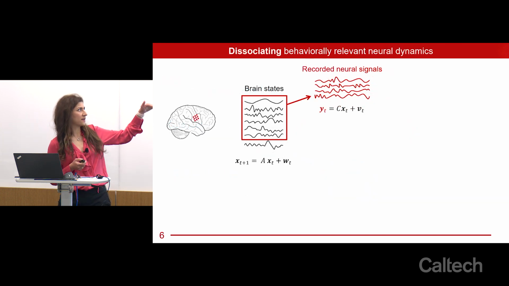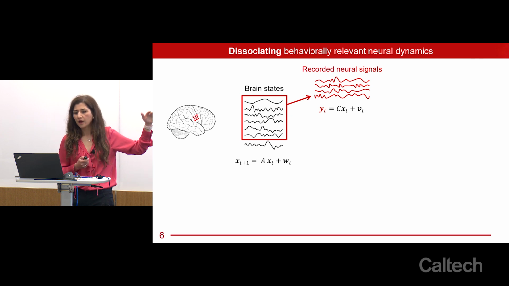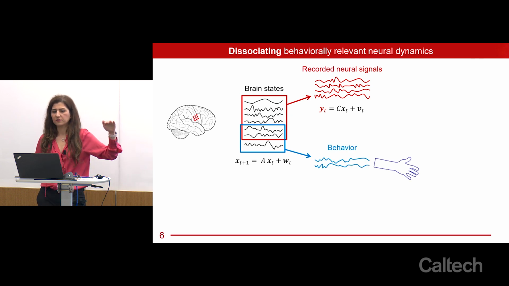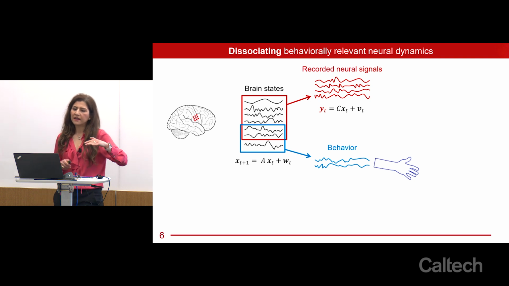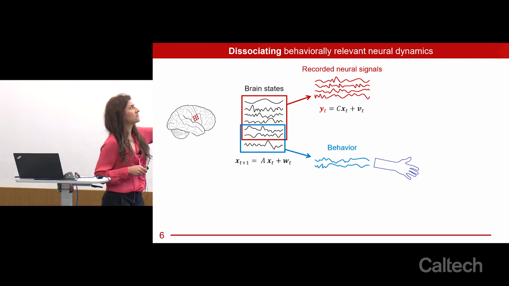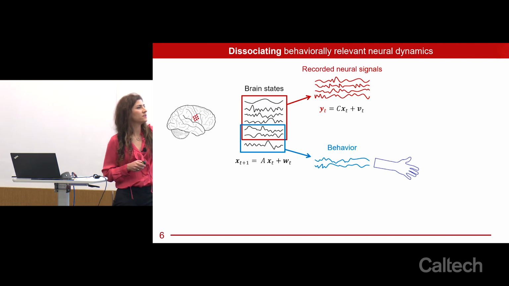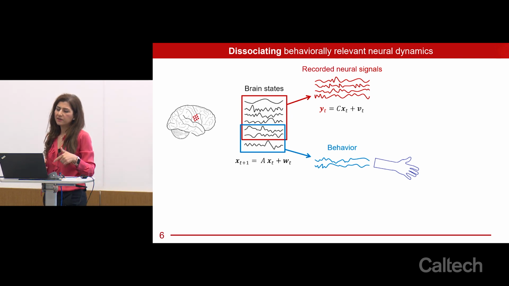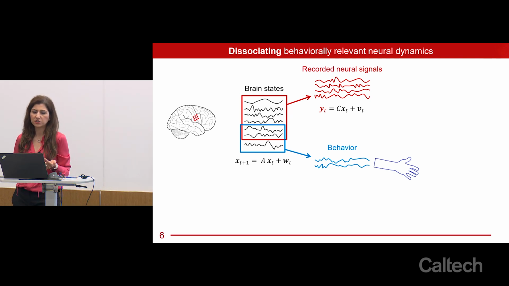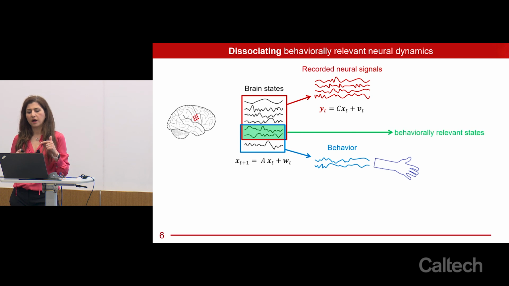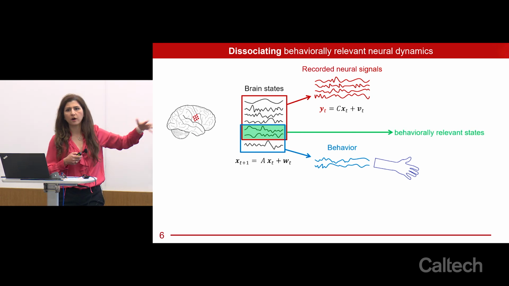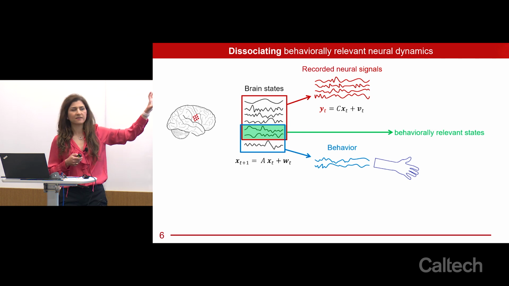This is the mathematics we started from for a latent state dynamical model of neural data. Now let's add behavior measurements. The problem is that not all of the latent states that give rise to your neural activity are necessarily related to the behavior that you're measuring. So if we think about the states of this overall neural behavioral signal set, there are those that are shared between neural activity and behavior.